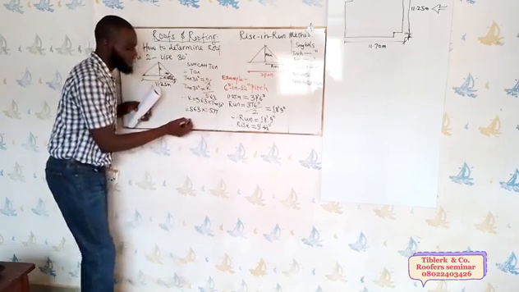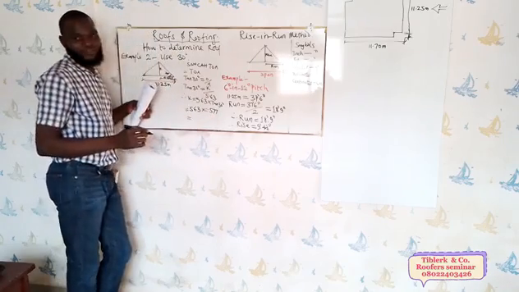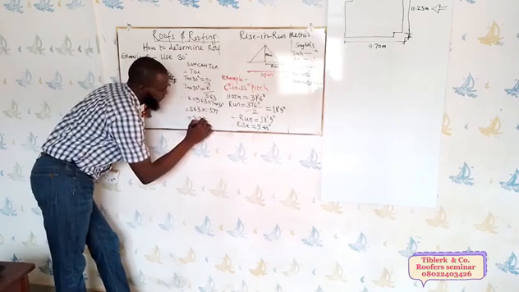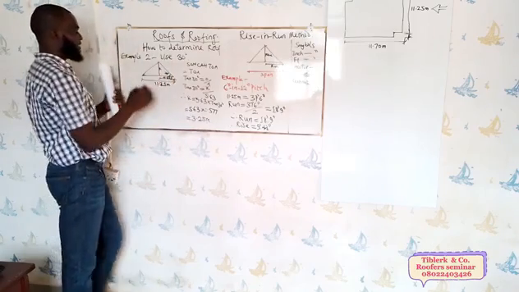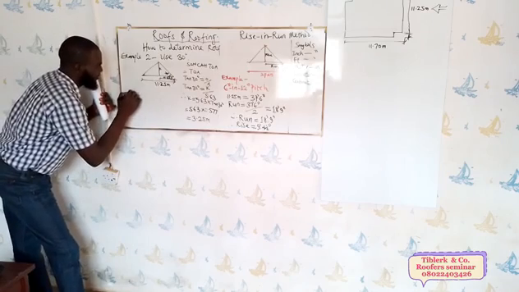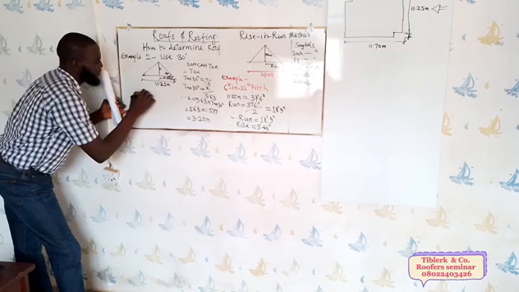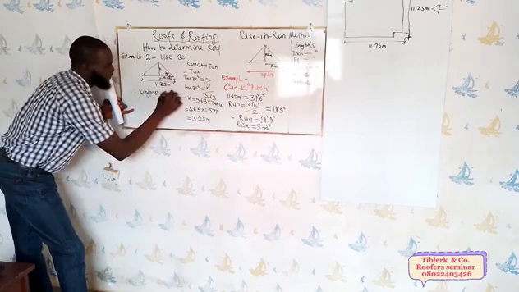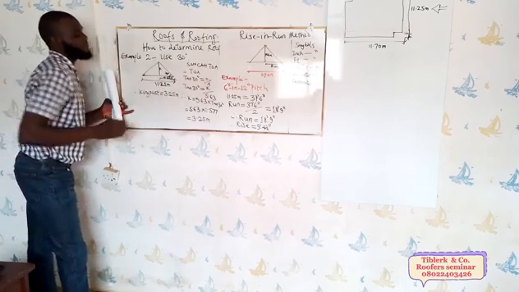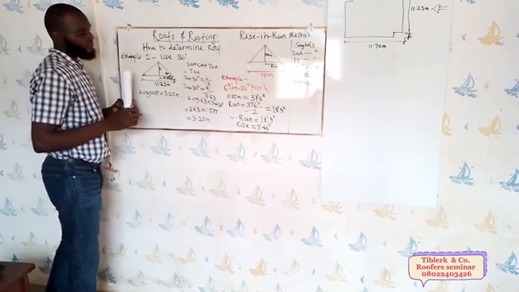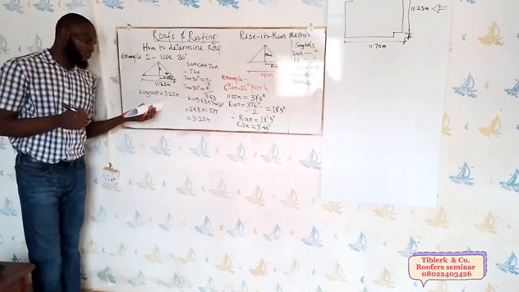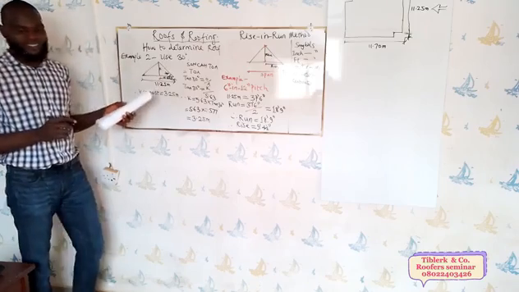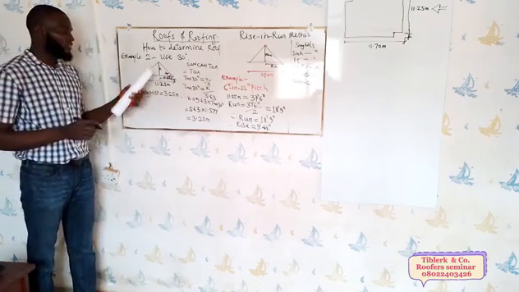So times 5.63, that's 3.25 meters. So it means our K, therefore our king post, will be 3.25 meters. So we have successfully used the degrees given, the angle given, to get our K.